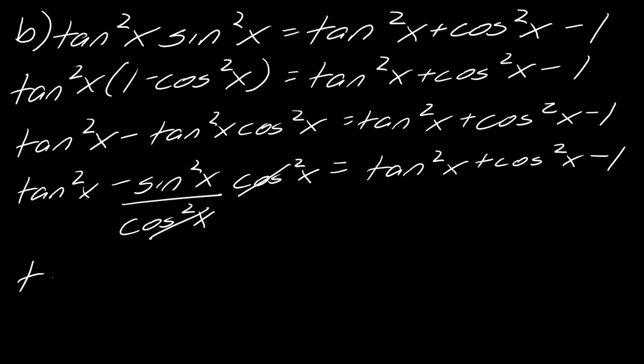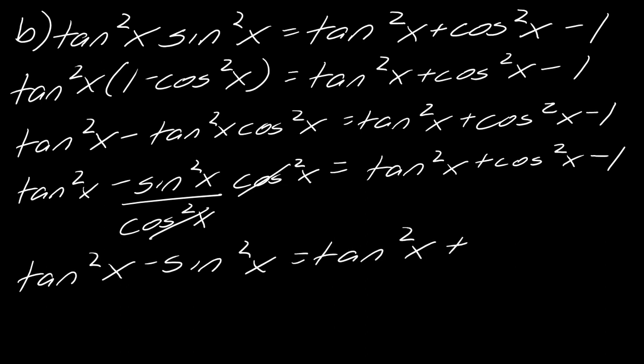And so now I have tangent squared x minus sine squared x equals tangent squared x plus cosine squared x minus 1. Okay, so there's several different ways that you could do this, and I just want to show you one way. You may be looking at this and think, oh, I could have done this a different way, and it's totally true. But remember, the philosophy here was that I wanted to work on both sides.